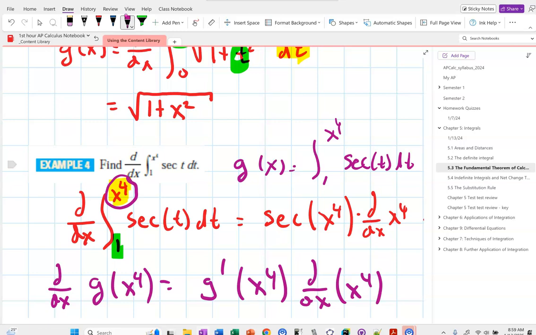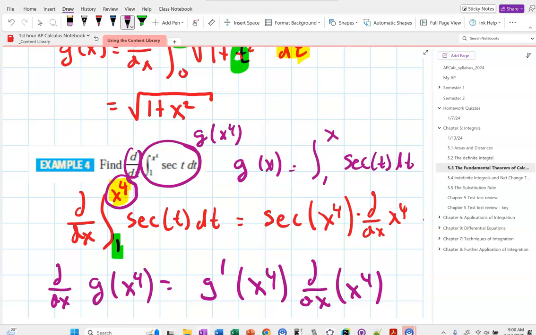So if I'm doing the derivative of g of x, I should say g of x equals this, right? So this thing is g of x to the fourth, right? And then if I do the derivative of that, that screams chain rule to me, right? So I was just trying to rewrite it in a way that made it obvious why I needed to apply the chain rule.